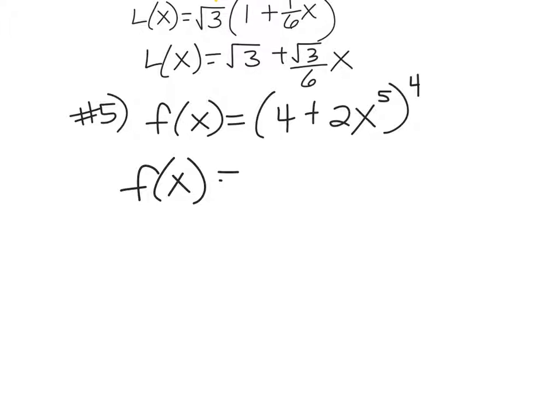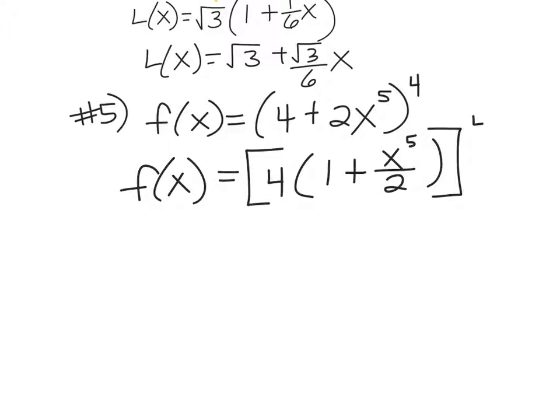So start by factoring a 4 out from everybody. I'm going to factor a 4 out, and I get 1 plus 1/2 or x to the 5th over 2. If you want to write it as 1/2, that's fine. And all of this is still to the fourth. Now remember, this 4 is still to the fourth power.